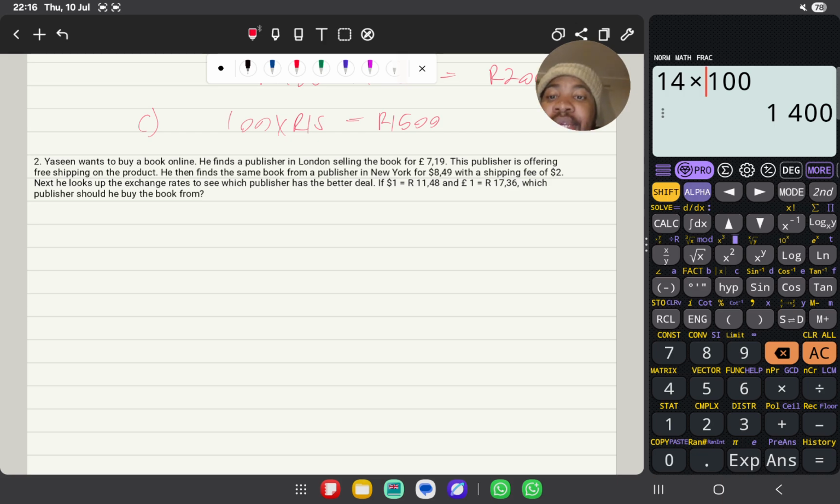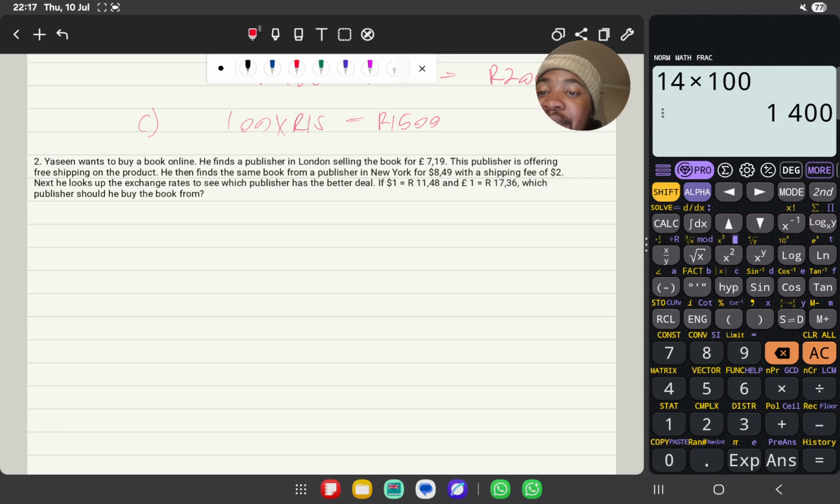Cool. So the one there is the British pound, pound sterling. If you buy it from London, there's no shipping fee, but if you buy it from New York, there will be a fee, right?